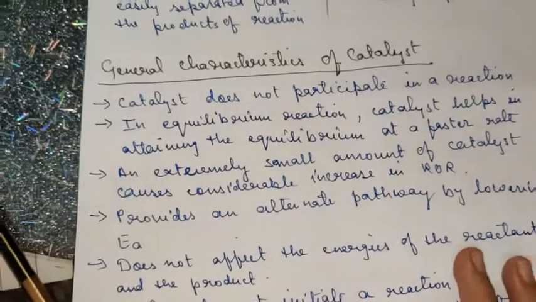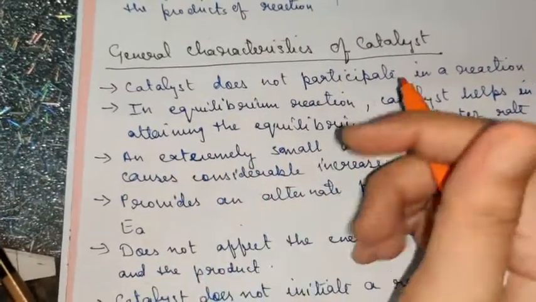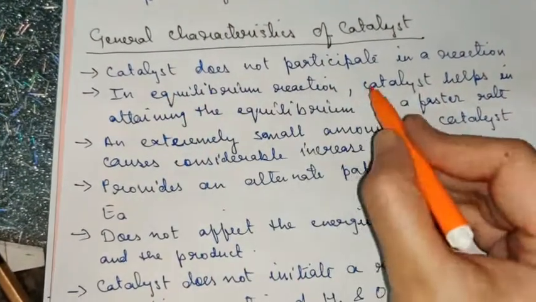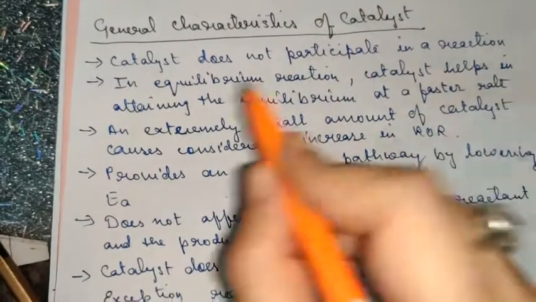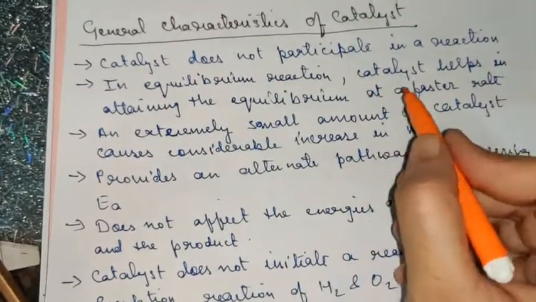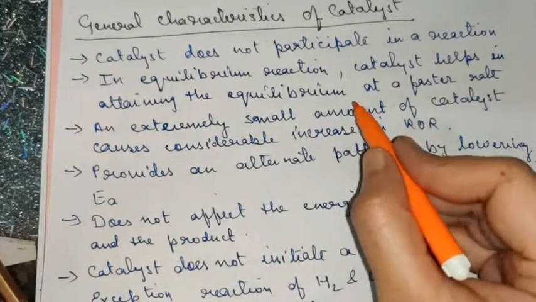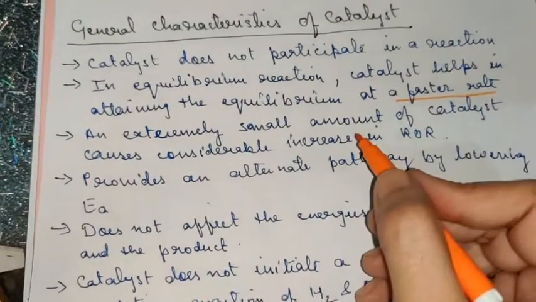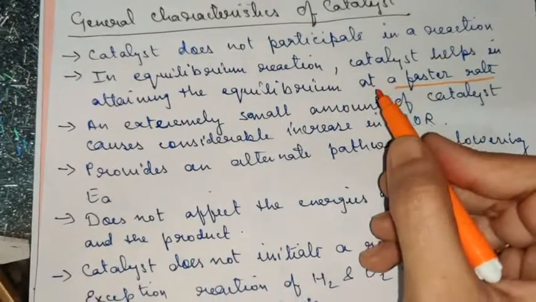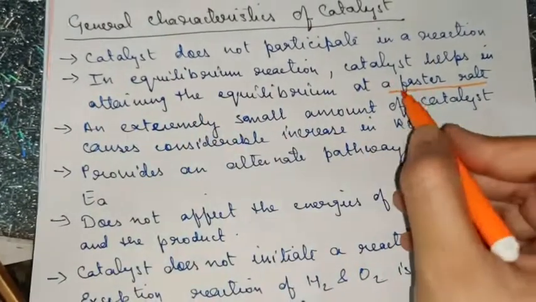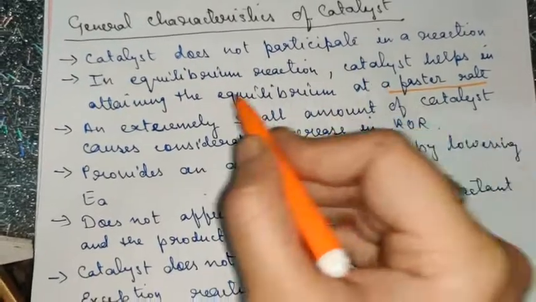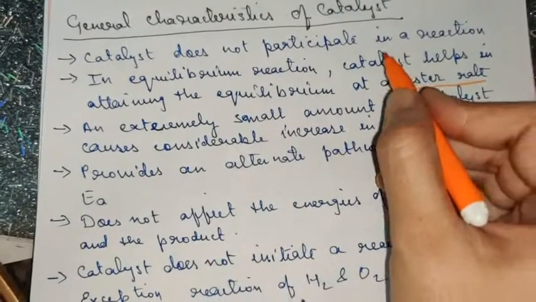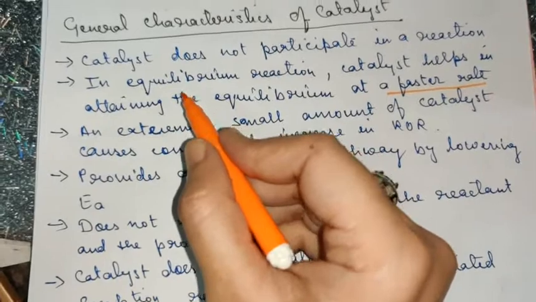Now coming to the general characteristics of a catalyst. A catalyst does not participate in a reaction. I hope you know it. In an equilibrium reaction, a catalyst only helps in attaining the equilibrium at a faster rate. This point I discussed n number of times in class 11 chapter equilibrium. A catalyst only helps if you are using it in a reversible reaction, which is in equilibrium.